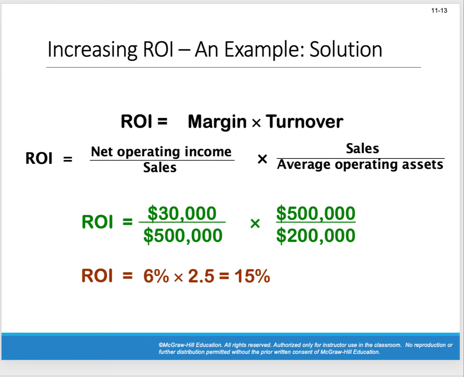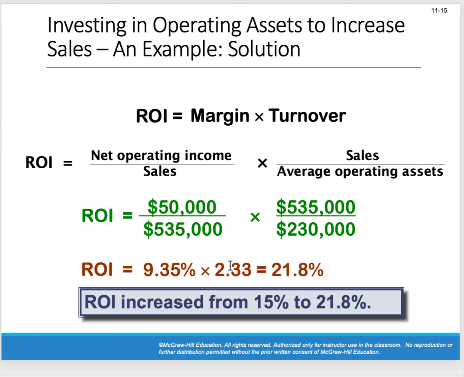Let's look at the original example. Our turnover was 2.5, okay? Our turnover, based on the new assumption of increasing our costs, went down. So we have a lower turnover rate, okay?